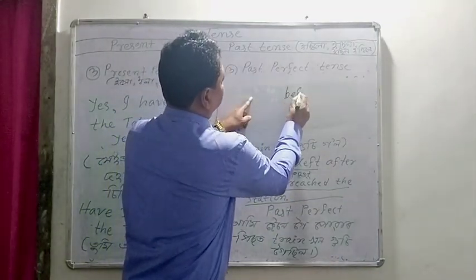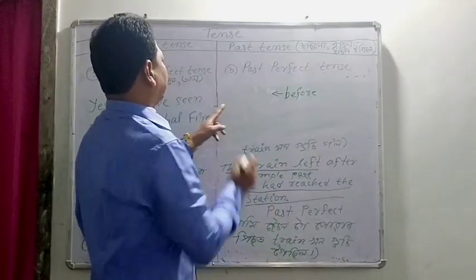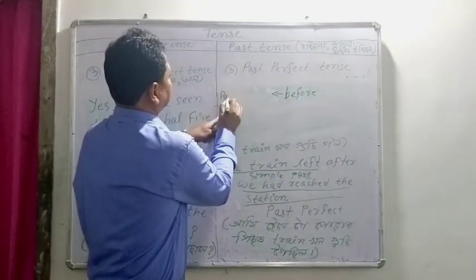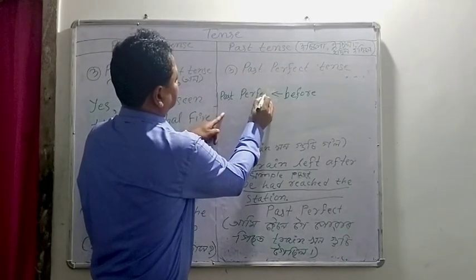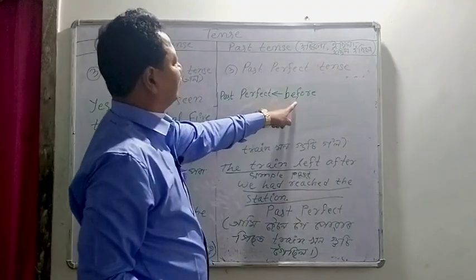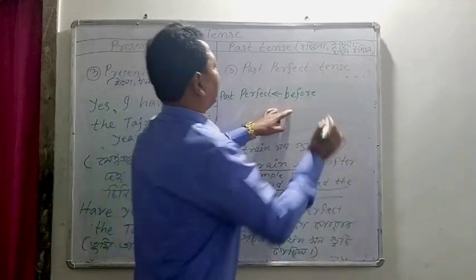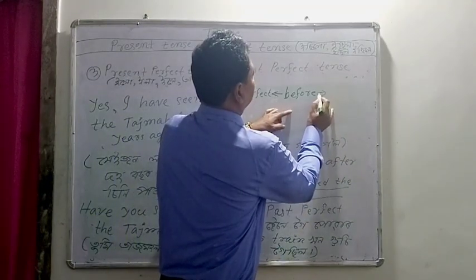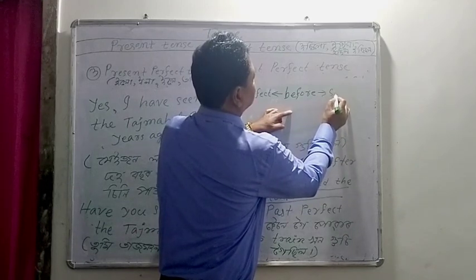Before. If before, then the left side of the before will always be the past perfect tense. The past perfect tense will be left side of the before. Already I have given you the example. You can compare here. Before and the right side of the before, this is simple past tense.